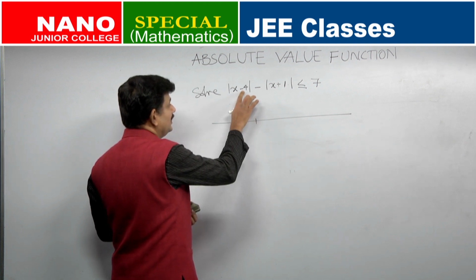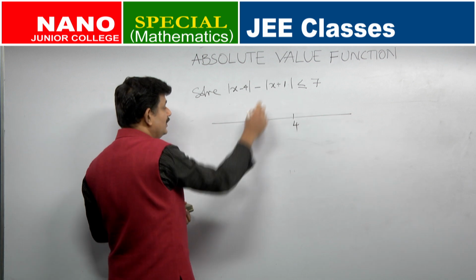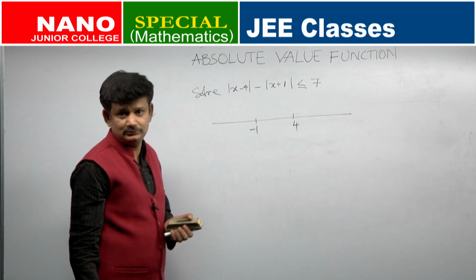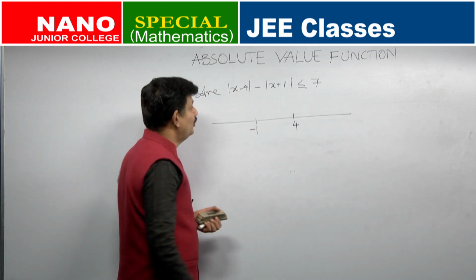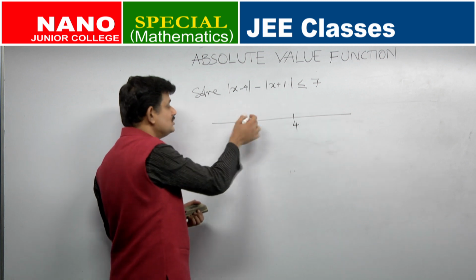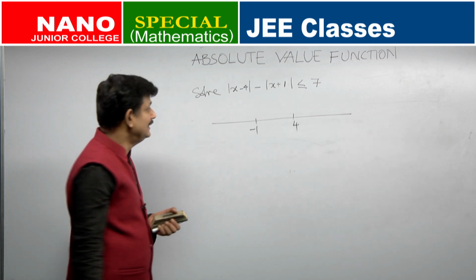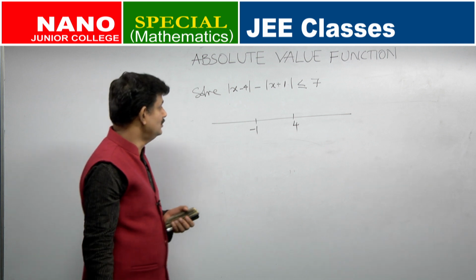I have to cut the number line at 4. I have to cut the number line at minus 1. I want a number x whose distance from 4 minus whose distance from minus 1 is less than or equal to 7.